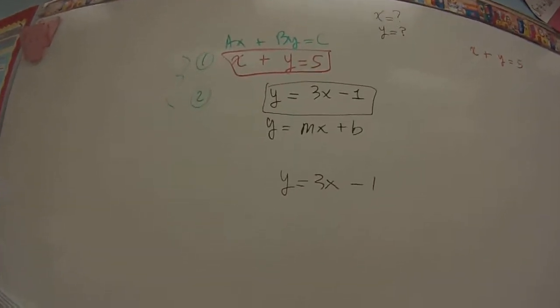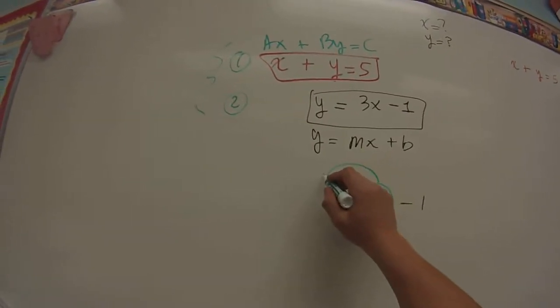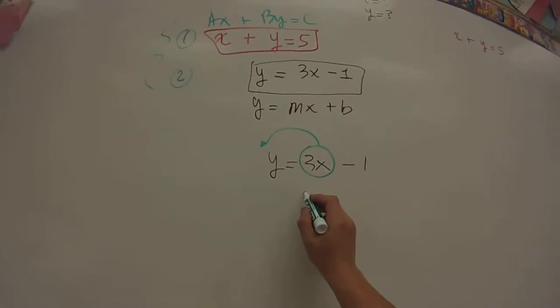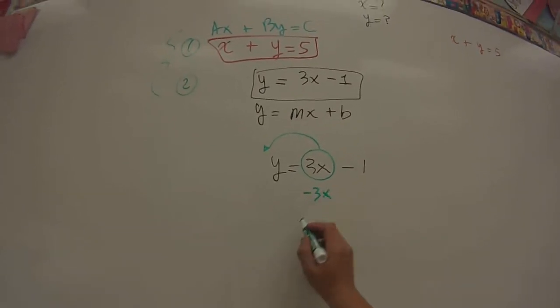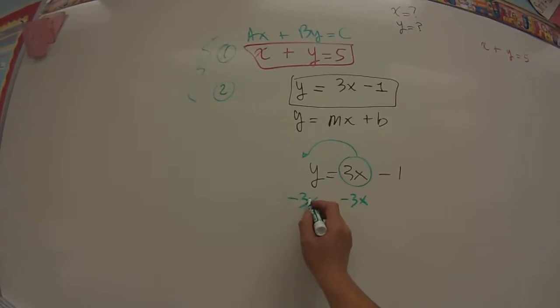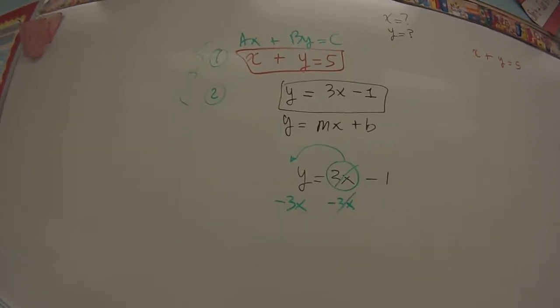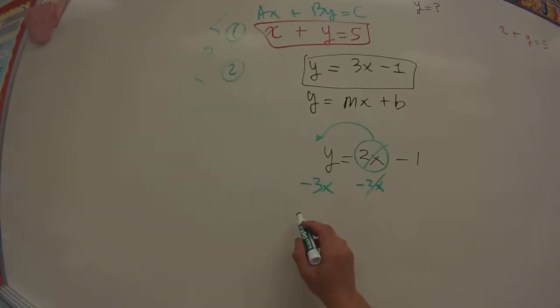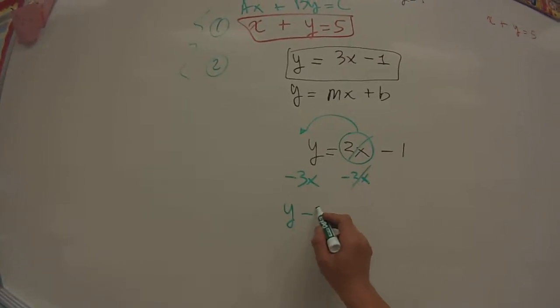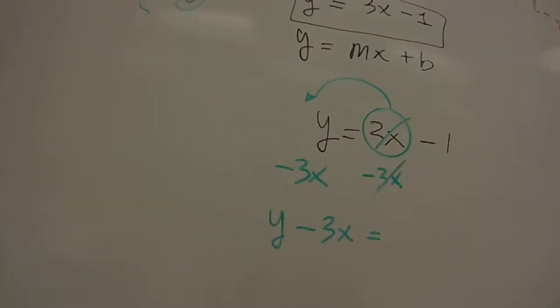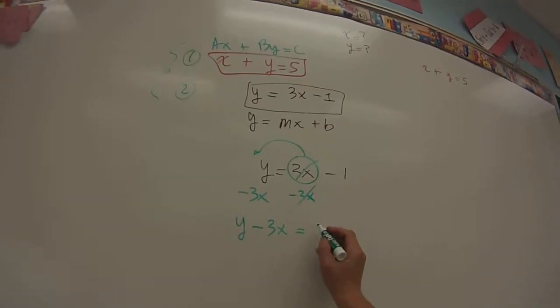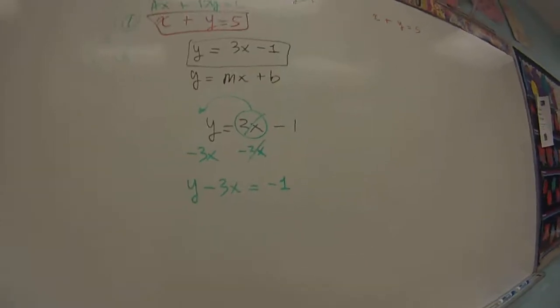I want to bring the positive 3x to the other side, so I subtract it from this side. Whatever I do here, I do on the other side. This term cancels out. So you have y minus 3x equals negative 1.